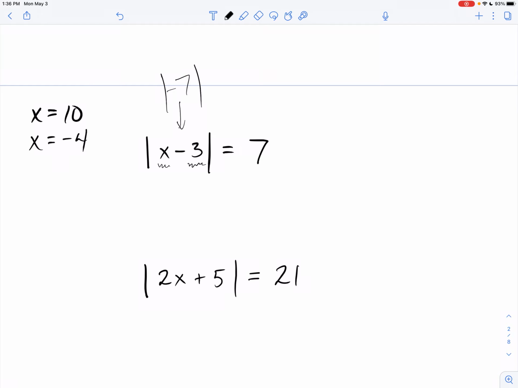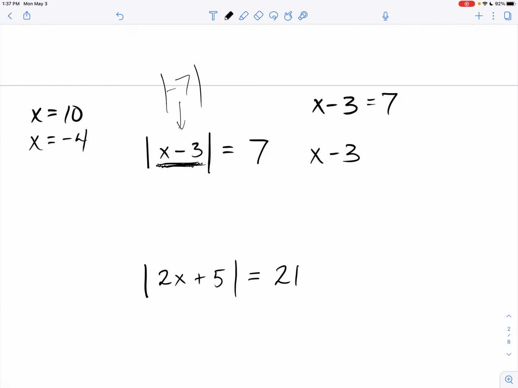So what I'm trying to get at is there is an underlying step that I'm not showing you, but that's because these are easy enough to guess. But what if they're not easy enough to guess? What are you actually doing? Well, what you're doing mentally is you're saying to yourself, you know what? If the stuff inside the absolute value bars was equal to 7, I would totally get a true statement. But what's not as obvious is you're also mentally saying, you know what?